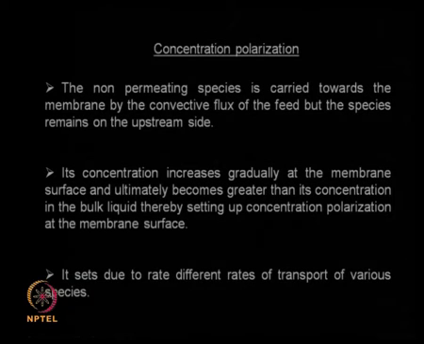Okay. There is something very important that happens in a membrane process, called concentration polarization.